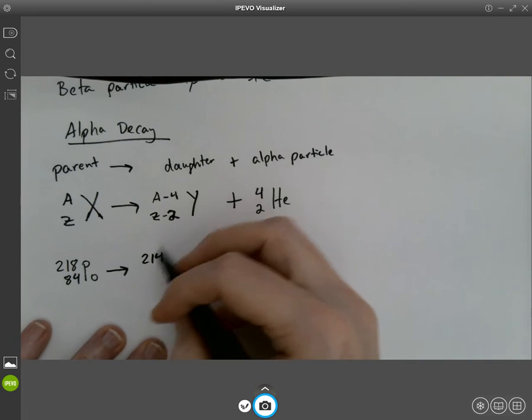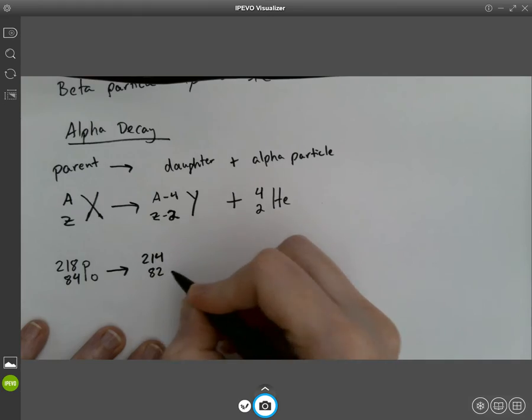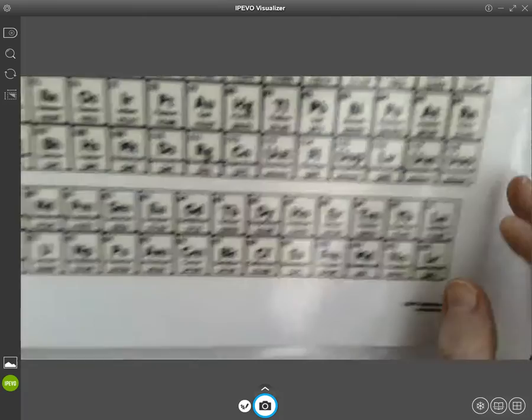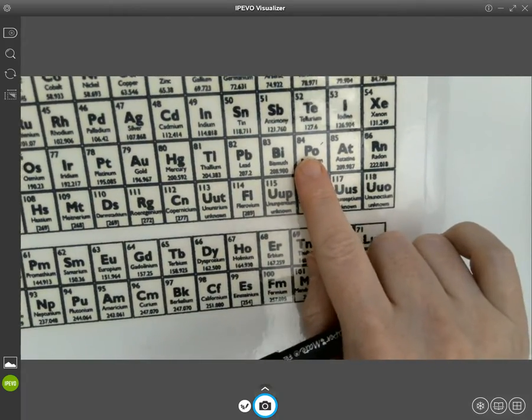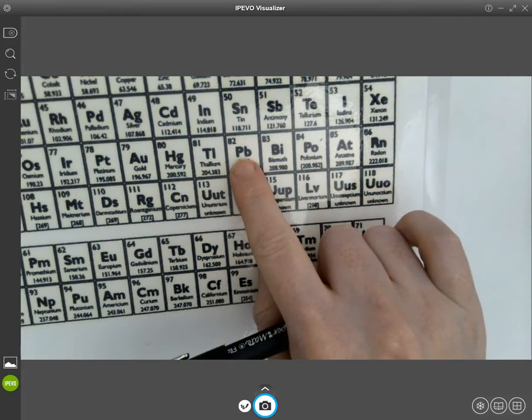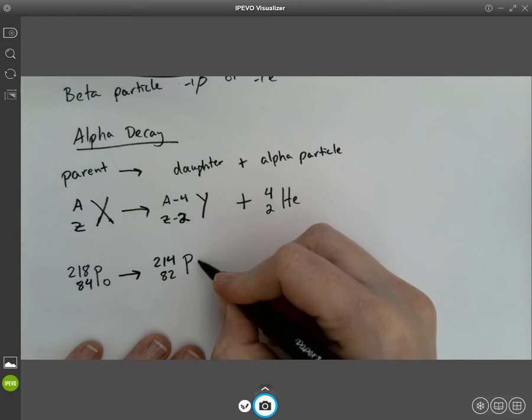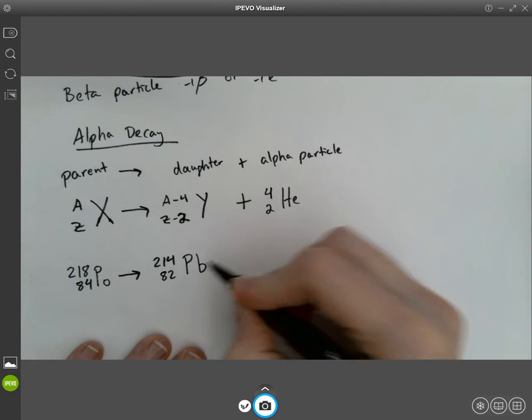So 84 minus 2 is 82. So let's figure out what 82 is. We now have lead. Pb is lead.